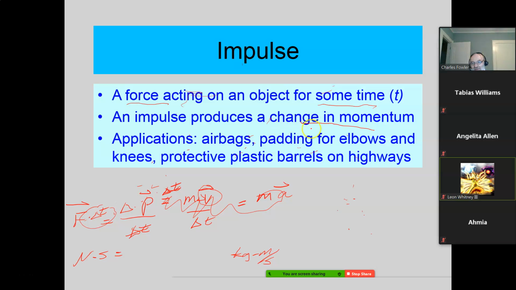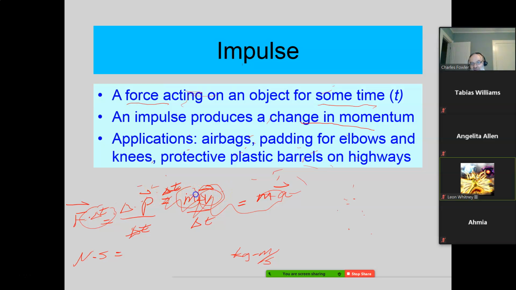Because if you're driving along, the mass of the car was huge. The velocity of the car was pretty fast. That gave you a huge momentum. And then when you hit the tree, hit the rock, hit another vehicle, suddenly you went to a sudden stop here.